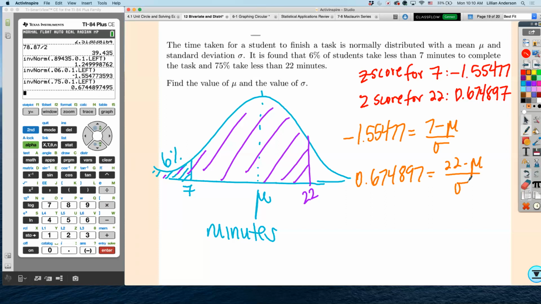I'm using the z-score formula to help me find my 2 variables. I have 2 equations, 2 variables. How do I solve this? Substitution or elimination. It's a system of equations.